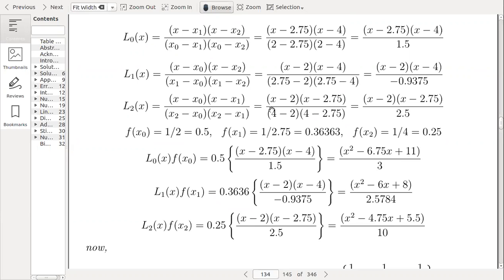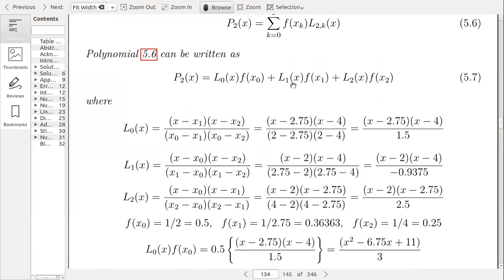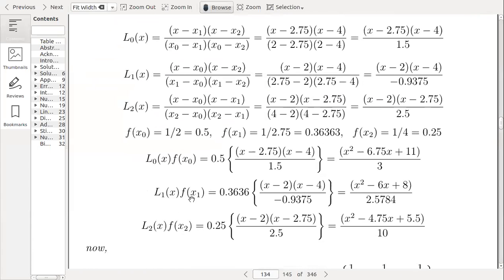And similarly, this second term L1 of x f of x1 can be written as 0.3636 (x minus 2)(x minus 4), and we simplified this and we will have this.